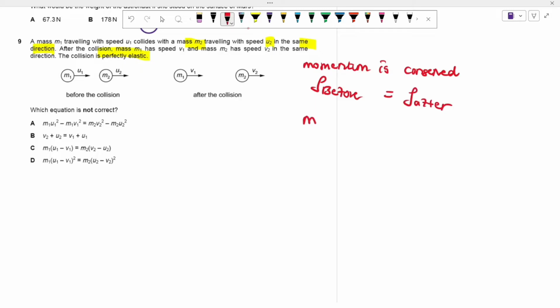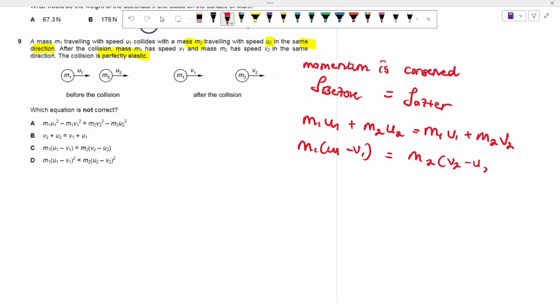So momentum before we collide is going to be m1 u1 plus m2 u2. That's going to be equal to m1 v1 plus m2 v2. So it means that m1 (u1 minus v1) should be equal to m2 (v2 minus u2).